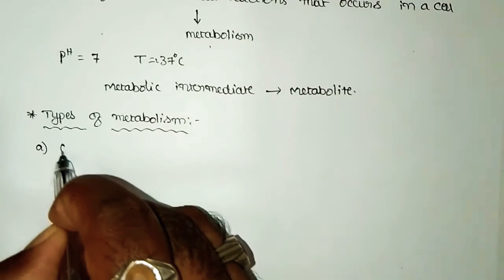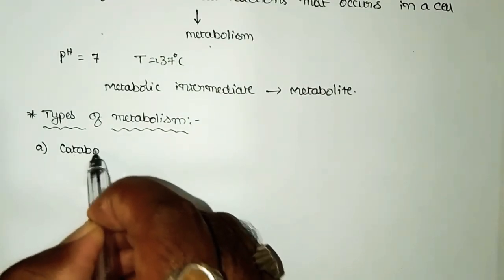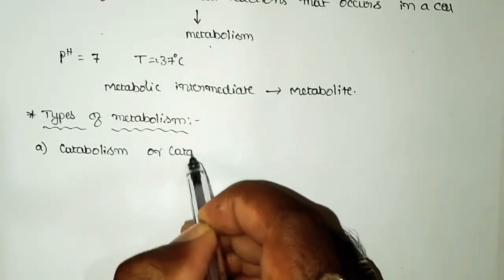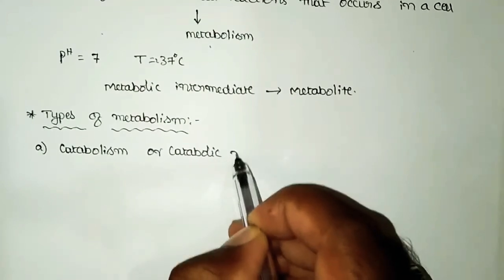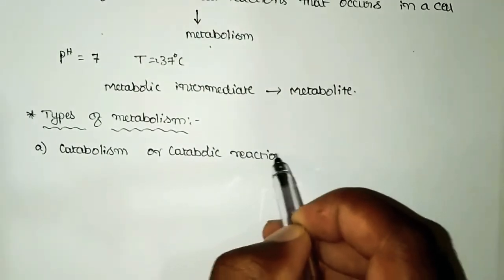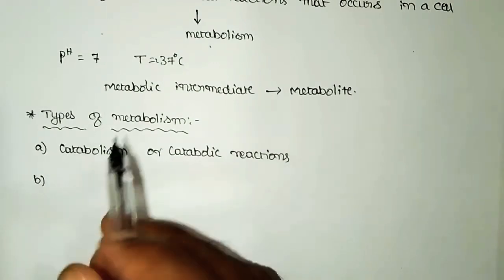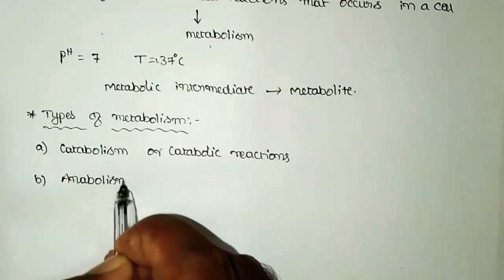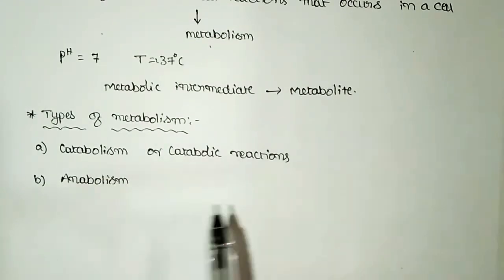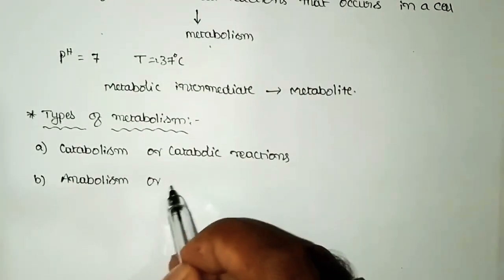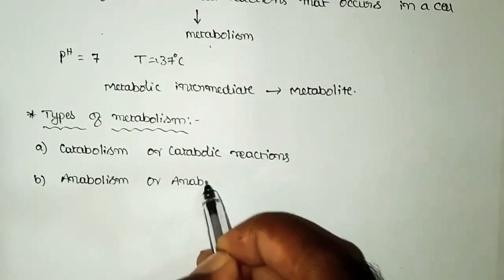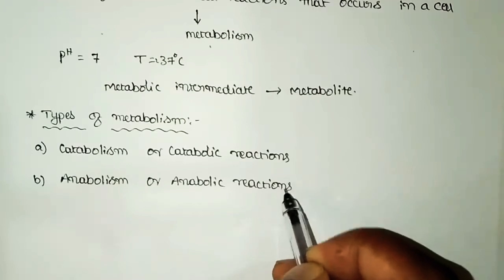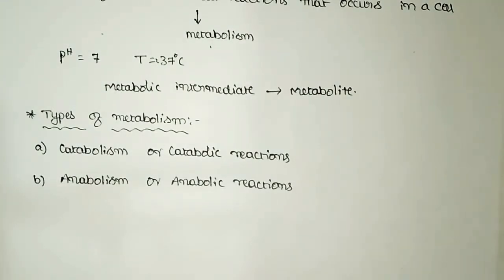The first category is called catabolism, or the reactions that occur in this stage are called catabolic reactions. The second type of metabolism is called anabolism, or anabolic reactions. So these are the two types of metabolism that we can notice in the metabolic pathway.